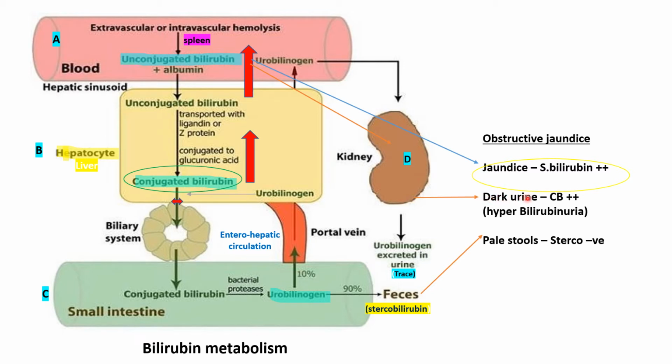This is due to the high level of conjugated bilirubin in the urine, which is known as hyperbilirubinuria. So these are the changes that occur in obstructive jaundice: yellow discoloration, dark urine, and pale stools are all explained by the mechanisms which I've described just now.